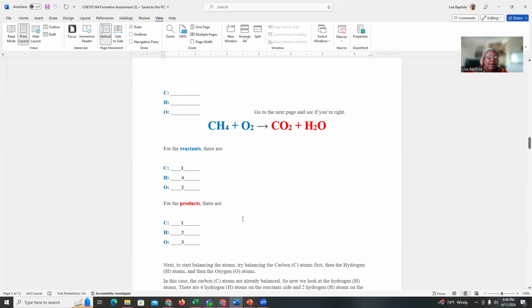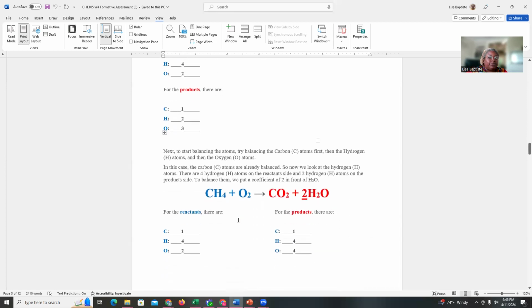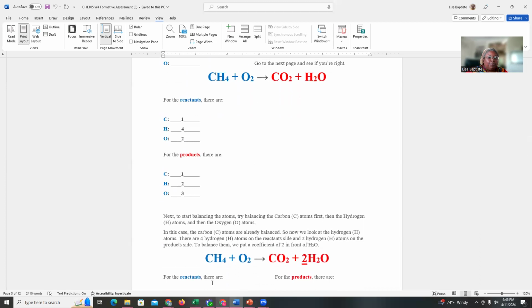Our goal now is to balance it. First, let's see what is not balanced. Carbon, we have one on both sides, so carbon is balanced. Hydrogen, we have four on the reactant side, two on the product side, so it's not balanced. Oxygen is two on the reactant side, three on the product side, so it's not balanced.